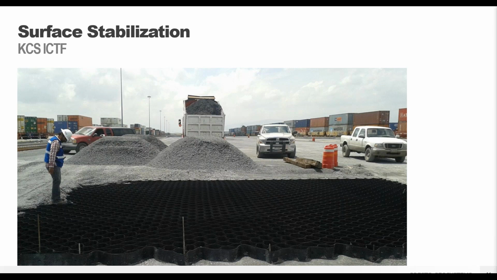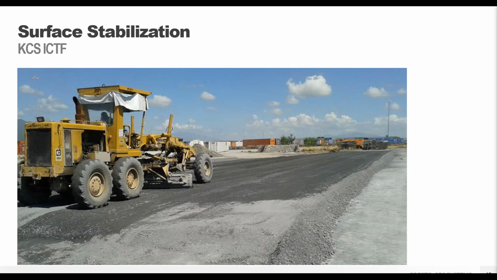So you get that compaction over time as you're using the GeoWeb supported road. So you don't have to do significant compaction of thin layers, and you don't have to worry about going into every individual cell and trying to compact. You do it as a whole after that wear surface has been placed.